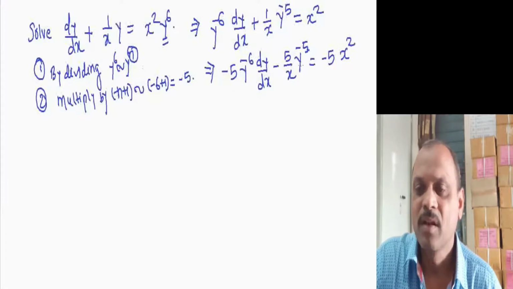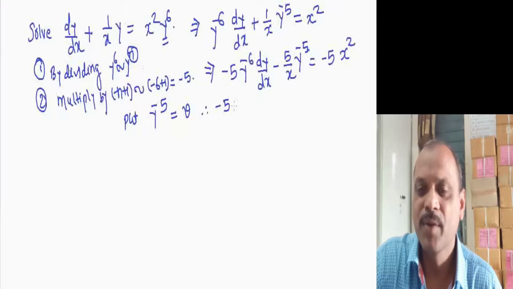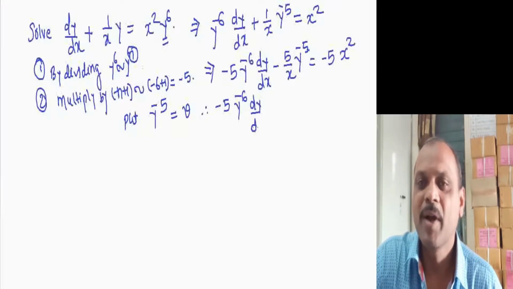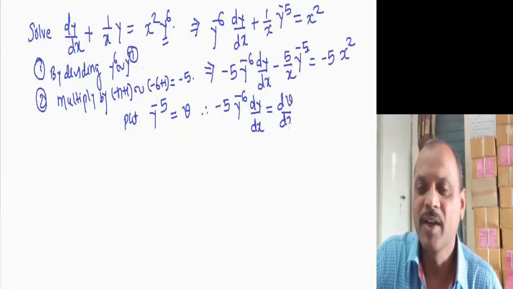Okay. Now, let us put y raised to minus 5 equal to v. Then you can see that minus 5 into y raised to minus 6 into dy by dx equal to dv by dx. So, we have this term.